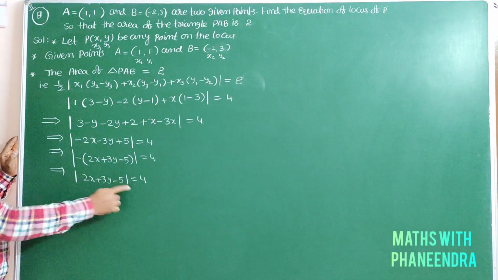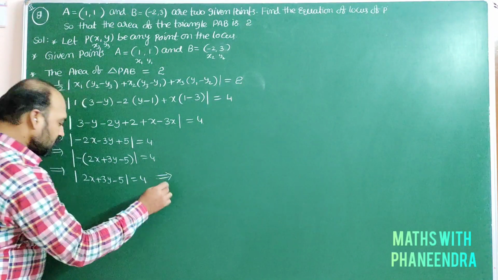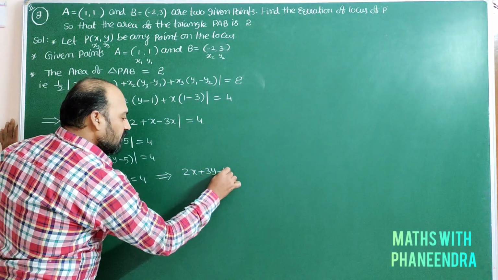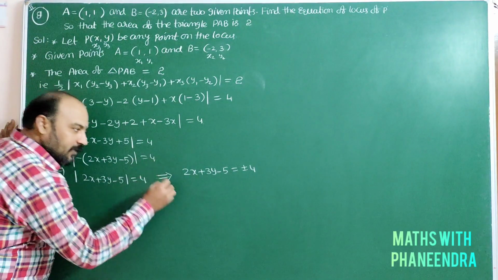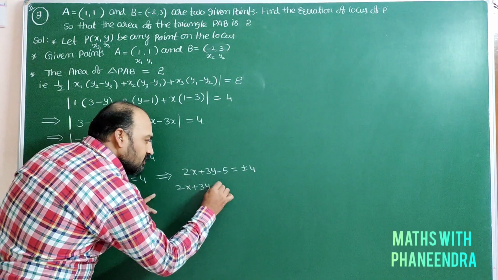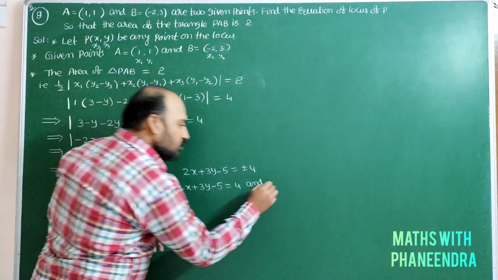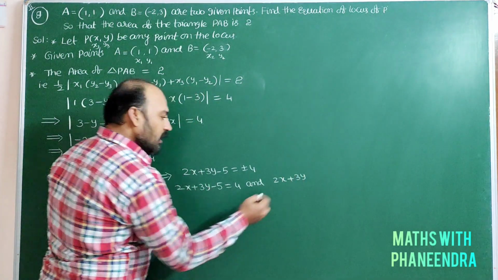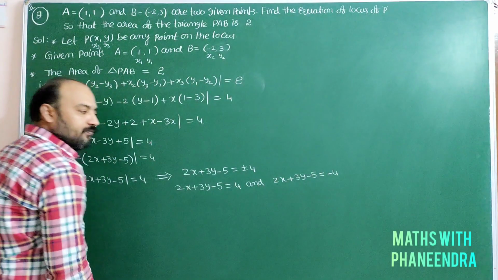If you remove this modulus, this side we are getting plus or minus, that implies 2x plus 3y minus 5 is equal to plus or minus 4. If we consider plus, one equation will come: 2x plus 3y minus 5 is equal to 4, and 2x plus 3y minus 5 is equal to minus 4.